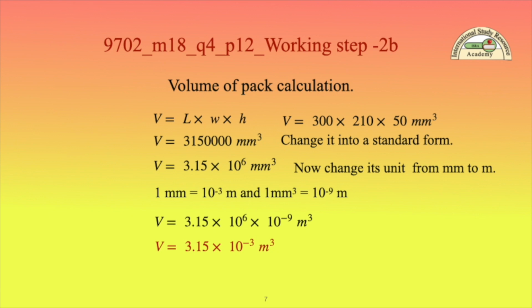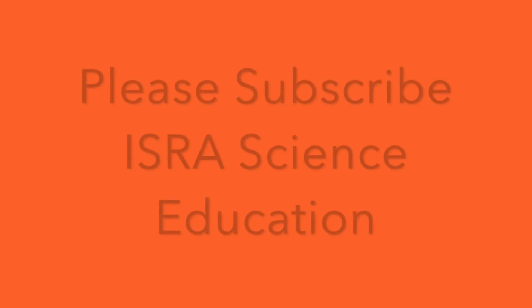Therefore, volume V is equal to 3.15 times 10 raised to the power 6 times 10 raised to the power minus 9 meter cube, and final value of volume V is equal to 3.15 times 10 raised to the power minus 3 meter cube.